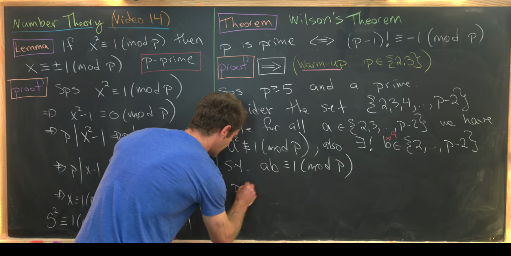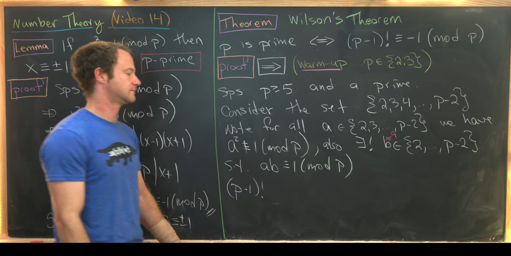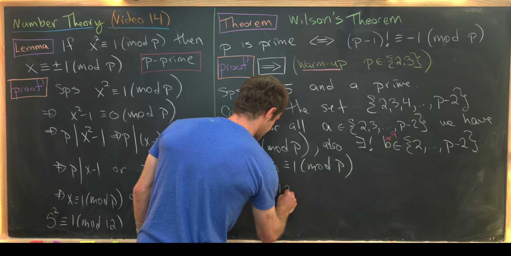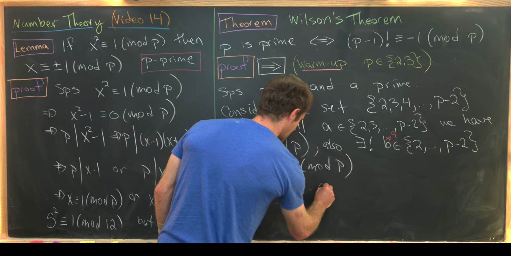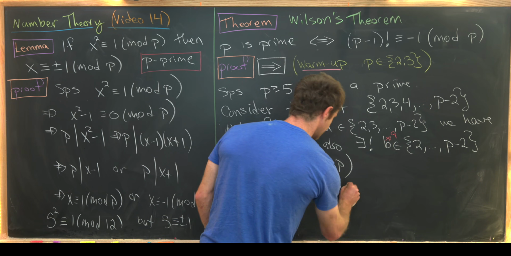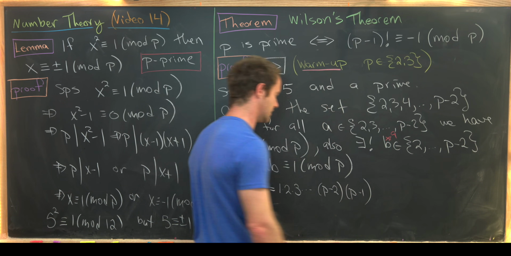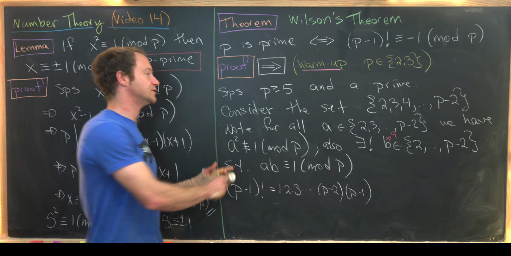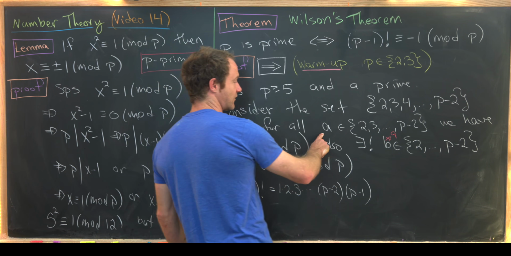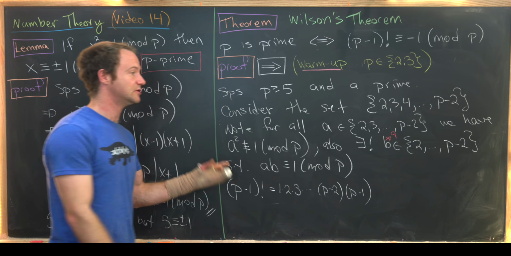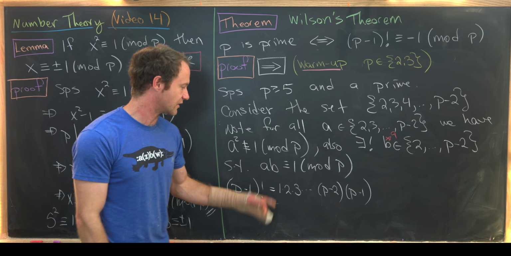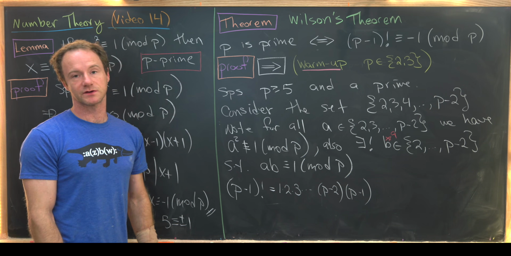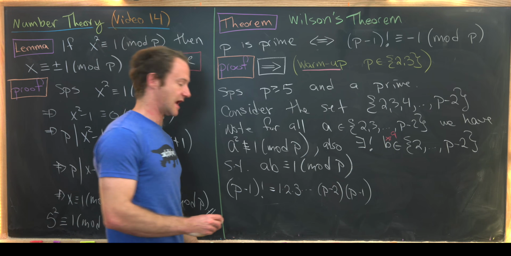So let's start with (p minus 1) factorial. Notice that we can rewrite that as 1 times 2 times 3 all the way up to p minus 2 times p minus 1. That's the definition of the factorial. Now we'll use this little argument involving elements of the set 2, 3 up to p minus 2 and their unique inverses to regroup all of these numbers with their inverse pairs.